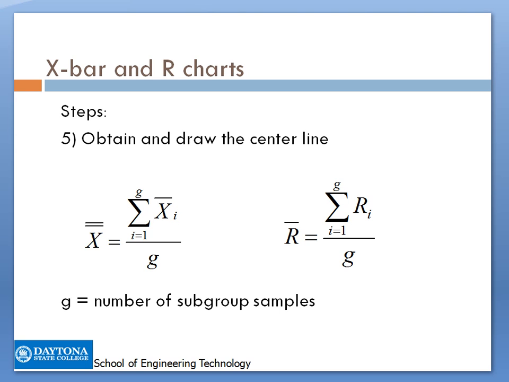In this case it will be 20. For the R bar, you're going to sum all of those R values that you calculated for each subgroup, which are 20 of them, and then you're going to divide it by the number of subgroup samples, which in this case is 20.